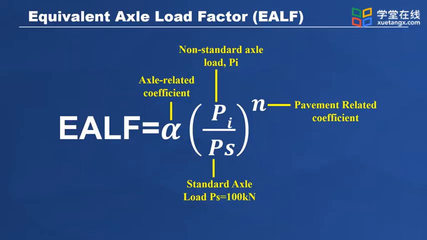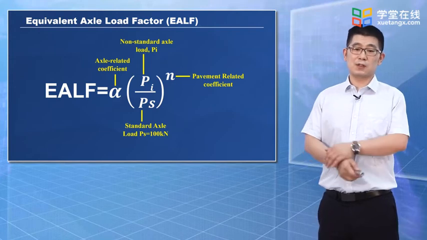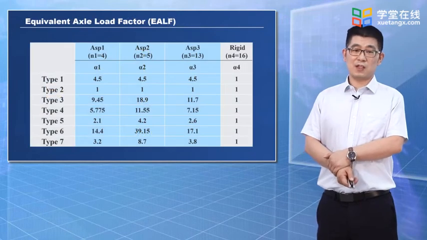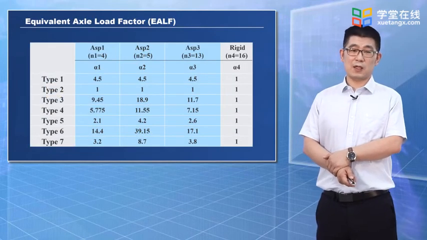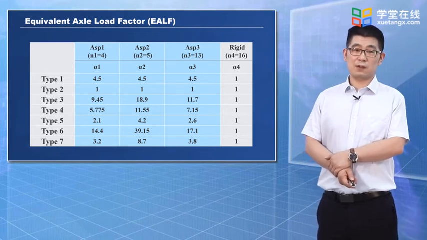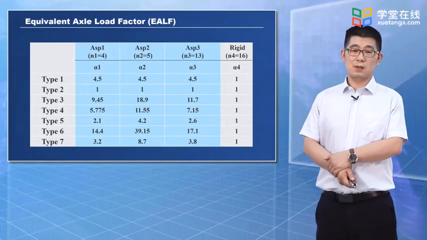In order to use this model, the axle load related coefficient alpha and pavement related coefficient n should be determined. This slide shows how to determine alpha and n based on the data from lab testing, road testing, and real projects.